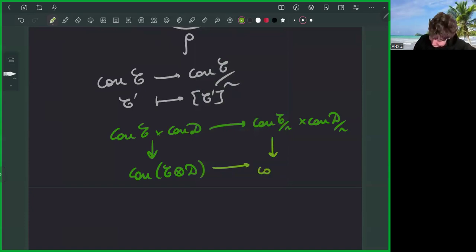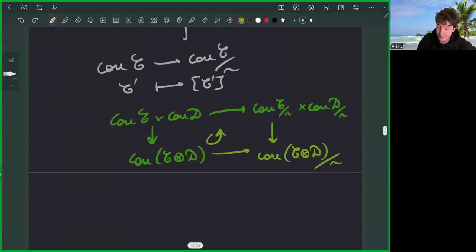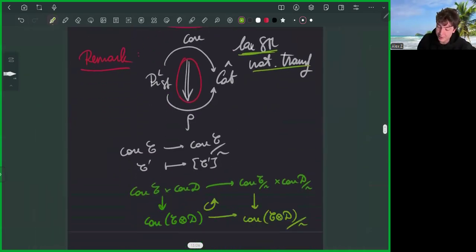Okay, so this diagram here commutes, the canonical diagram like this. Remember, these were the comparison functors that we had before. You could convince yourself that this is in fact a Lax symmetric monoidal natural transformation.